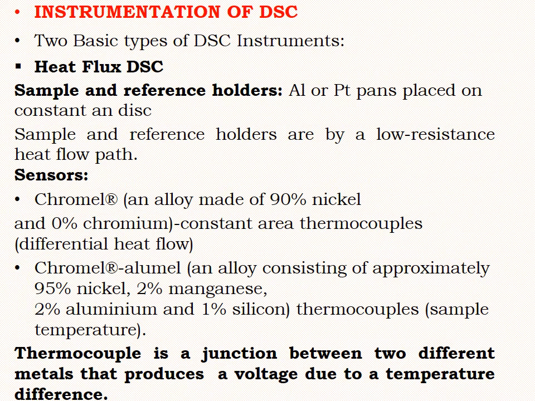So basically in DSC we have two types. One is heat flux, which has a holder as well as a furnace. Then we have a sensor within it, and a thermocouple junction is attached to the metal so that the voltage as well as the temperature difference can be properly monitored.